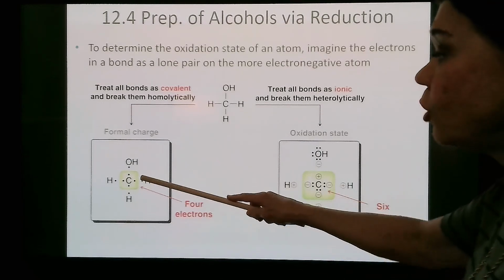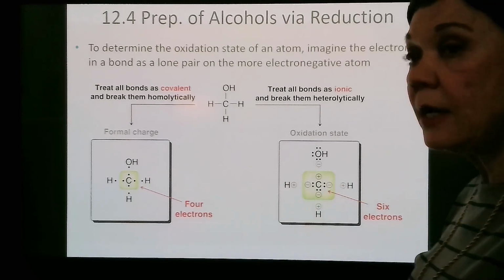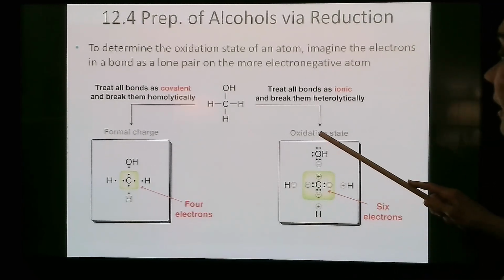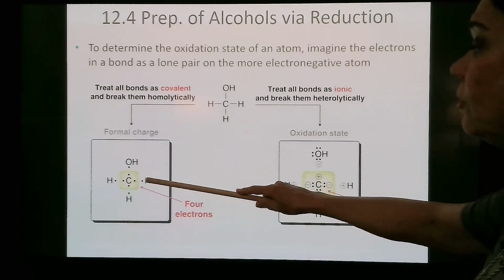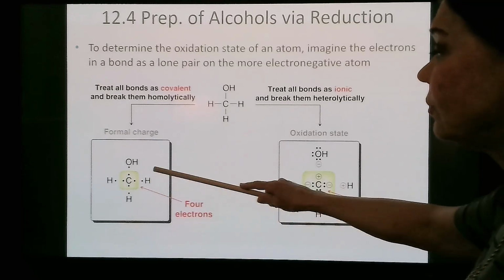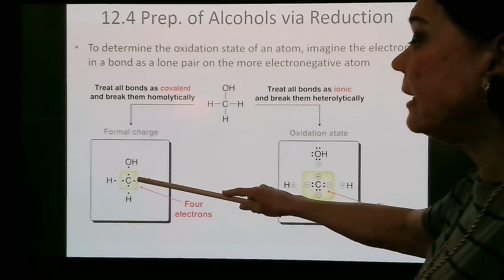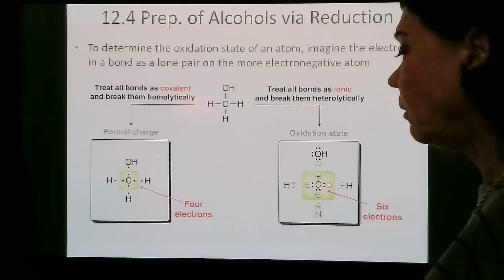That's the formal charge. This is the way that you would calculate the formal charge on an atom. And then you would compare this versus its place in the periodic table.